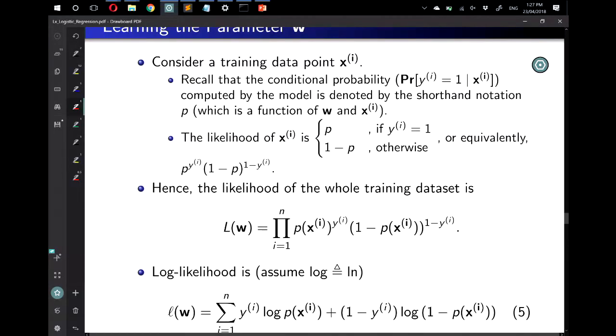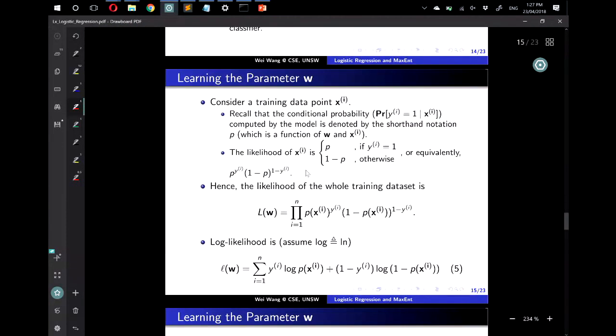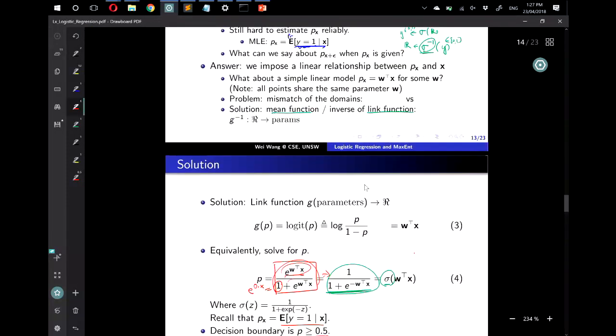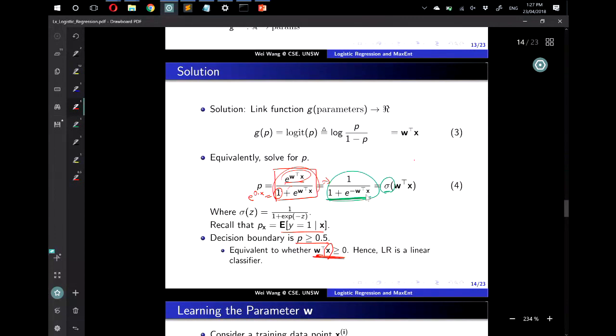Okay, in the rest, I will quickly go through the remaining slides. So we already have the model. The model here is essentially p equals sigma of, this is exactly the same picture I drew using the real example.